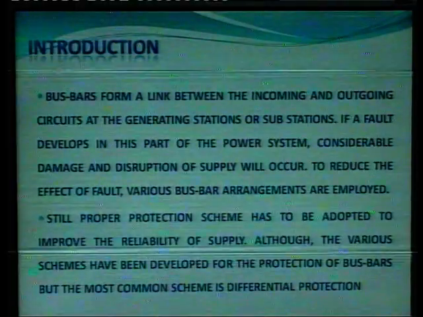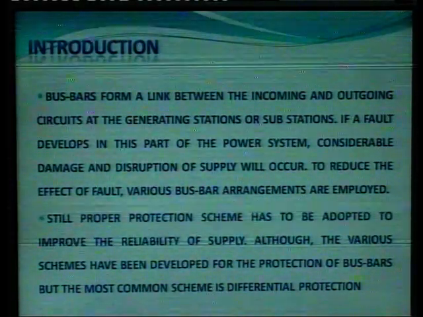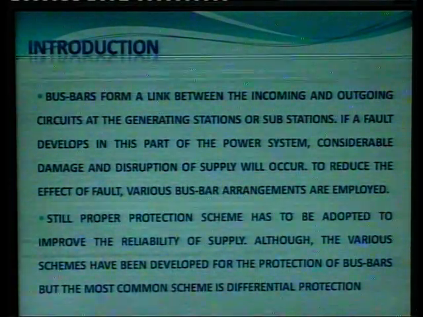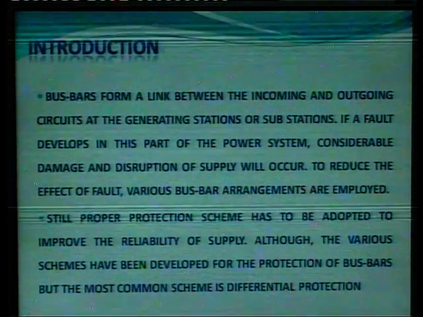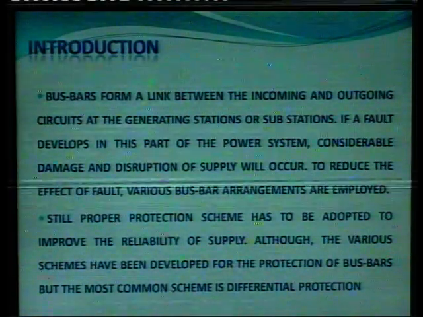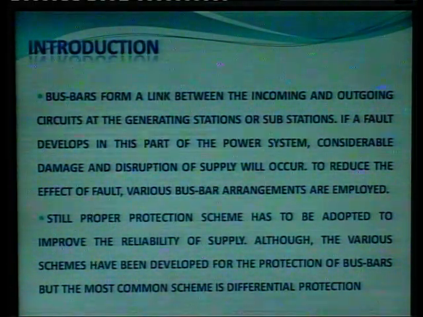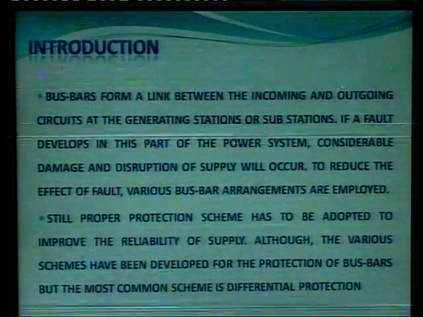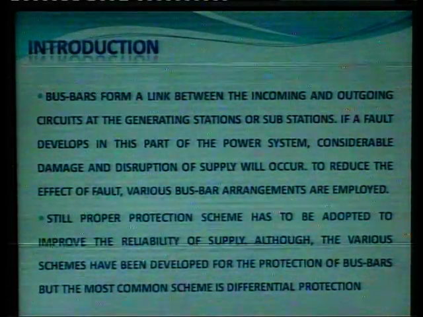So, still proper protection scheme has to be adopted to improve the reliability of the supply. Although various schemes have been developed for the protection of bus bars, the most common protection scheme for the bus bar is differential protection scheme.